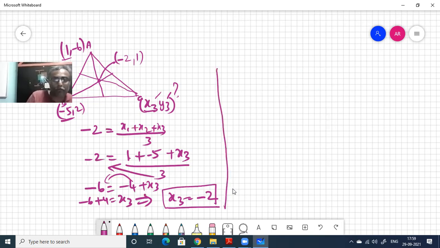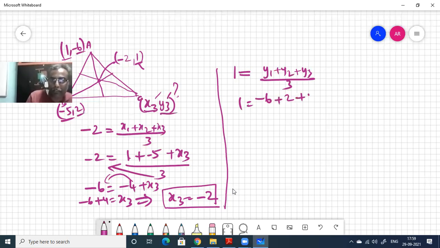All right, it's very simple. Same way you have to do for the other one. This is y: 1 is equal to (y1 plus y2 plus y3) by 3. 1 is equal to (-6 plus 2 plus y3) by 3.